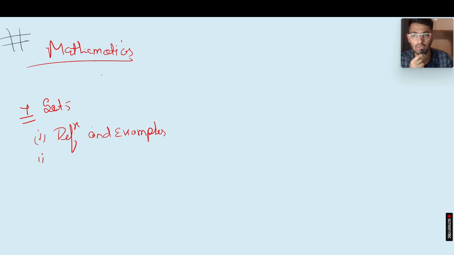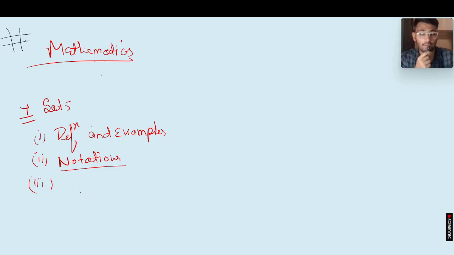Then we will learn what the notations are. And third, the form in which we can write them. Okay, so let's go with this chapter.